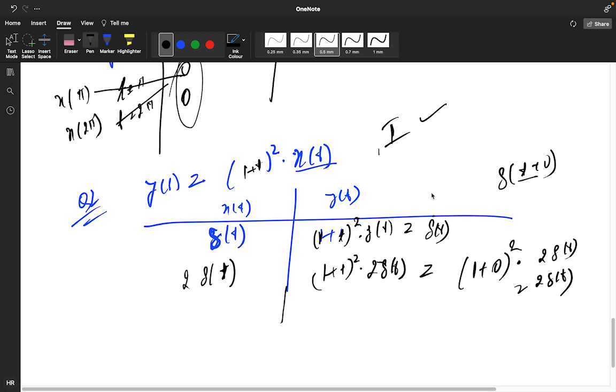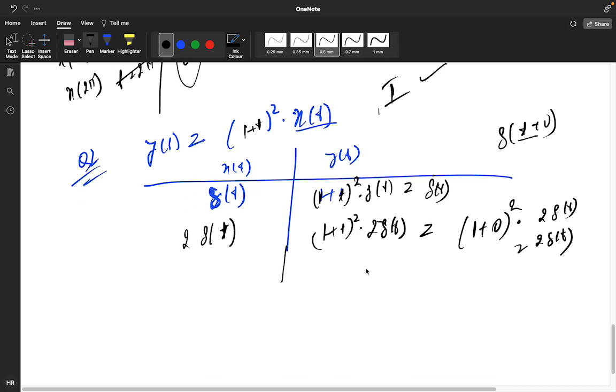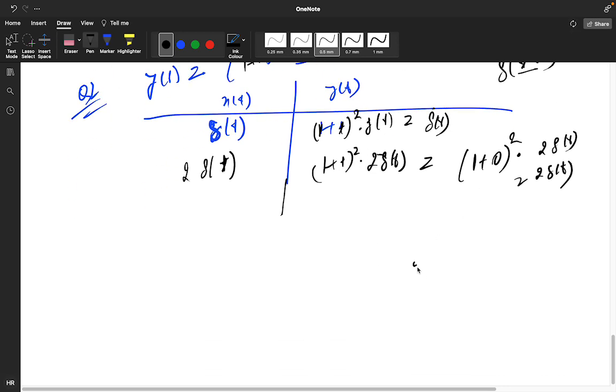This is invertible. You will understand these things only when you revise, because I told these things in previous classes. x of t plus t naught, anything. If delta t plus a is there, the result will be x of t plus t naught plus a.